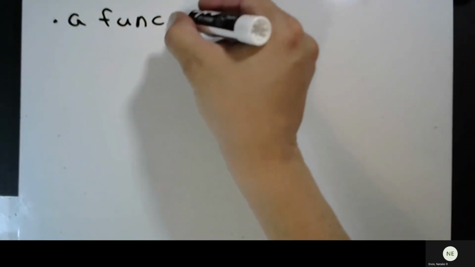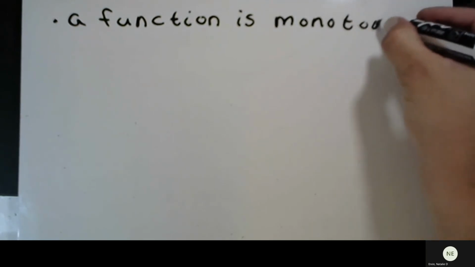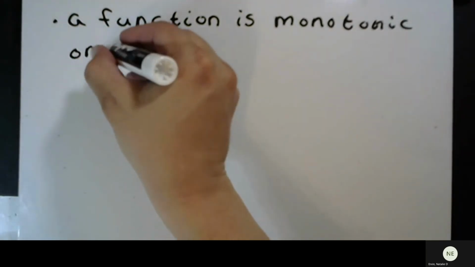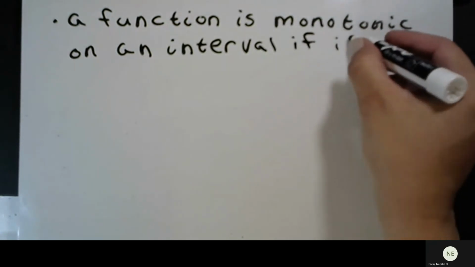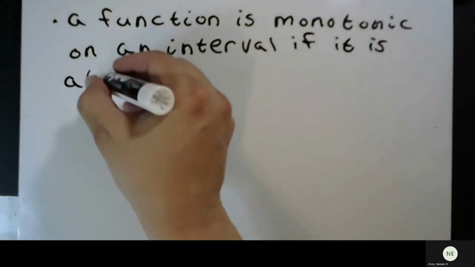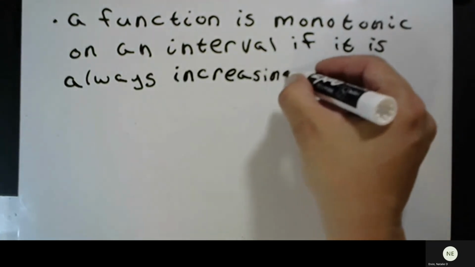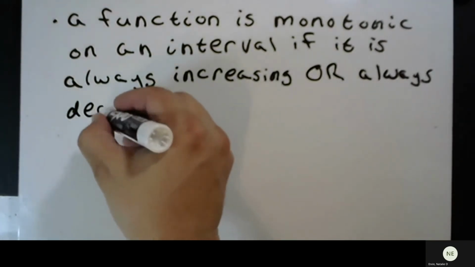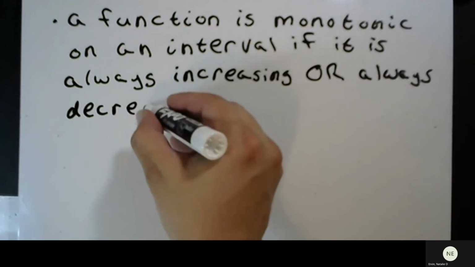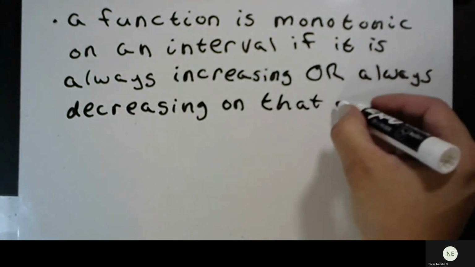So a function is monotonic on an interval if it is always increasing or always decreasing on that interval.